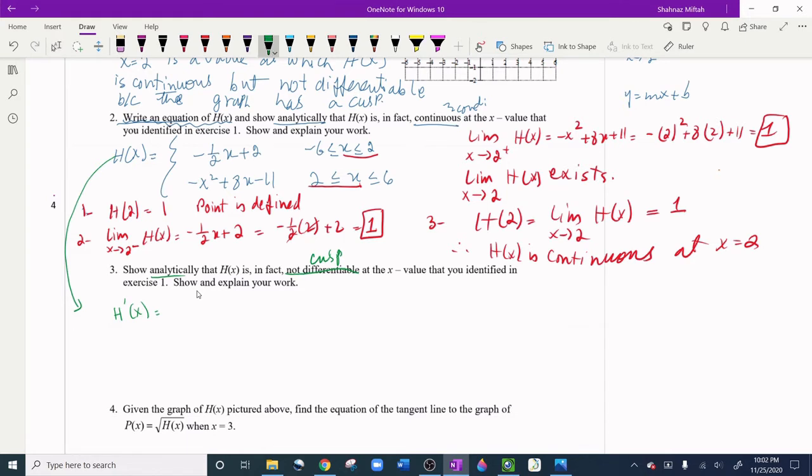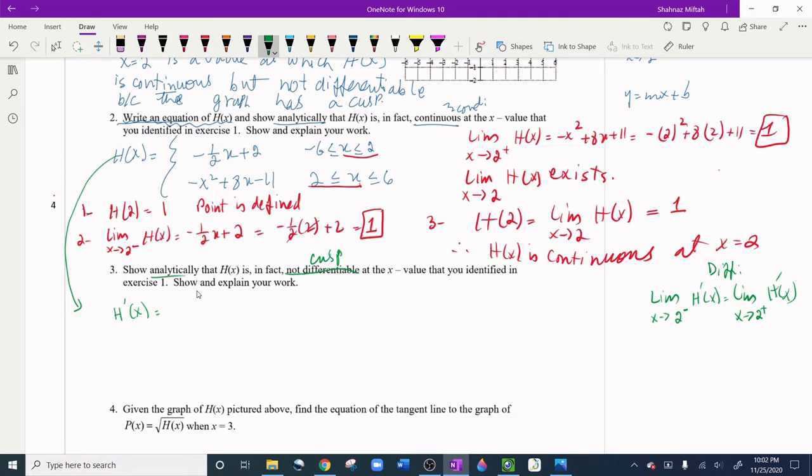I'm taking a derivative of this piecewise function, and I'm looking for differentiability. So I have to show that the limit as x approaches 2 from the left of h prime of x is supposed to be equal to the limit as x approaches 2 from the right of h prime of x. That's how we find differentiability. So I'm going to do that.